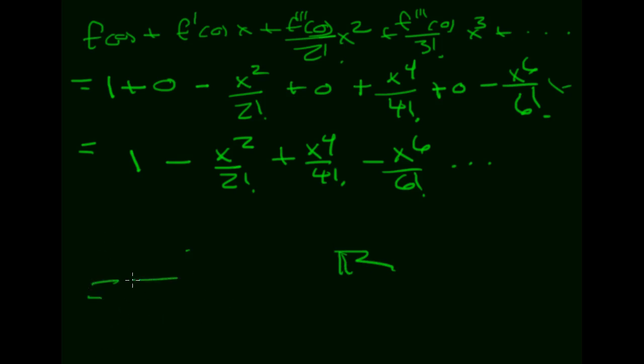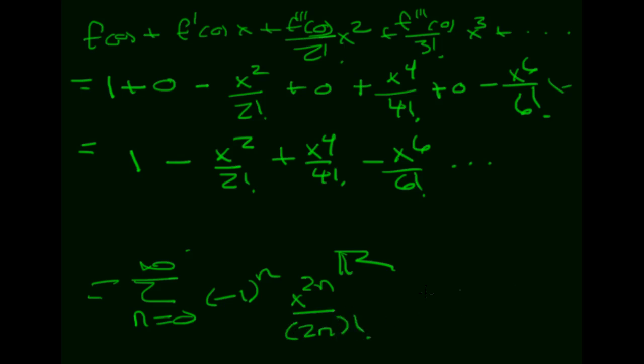So if I write this as a series, n equals 0 to infinity, again I want the first term to be positive, so that's going to be (-1)^n. Now I have the even powers, so instead of 2n plus 1, I just have x to the 2n over 2n factorial. So we're going to use this series to test with the ratio test.